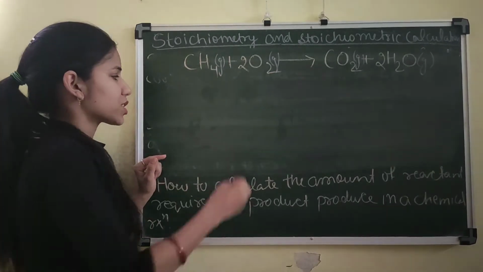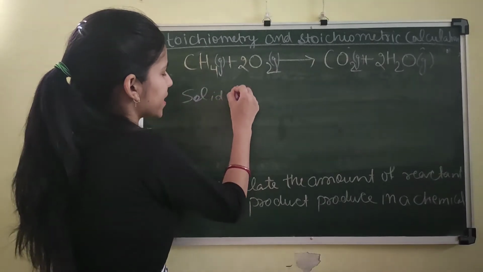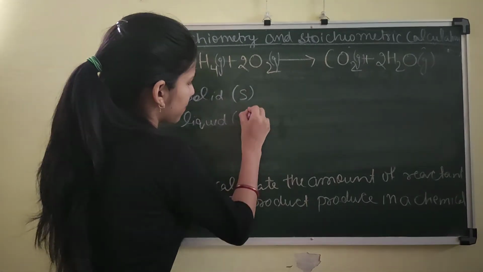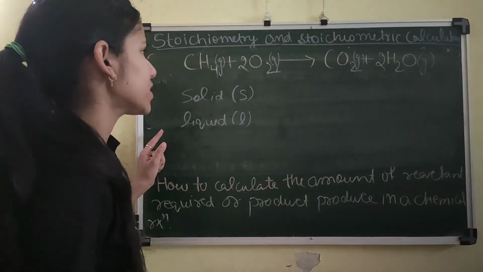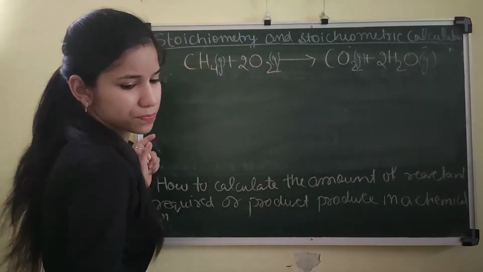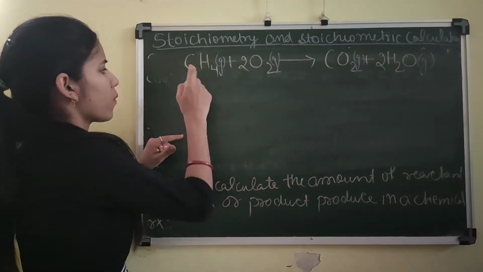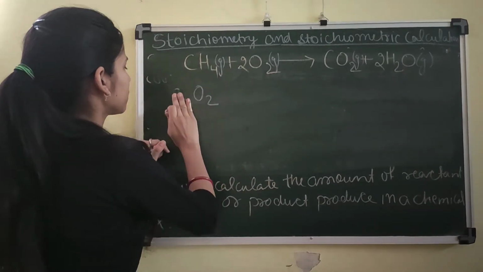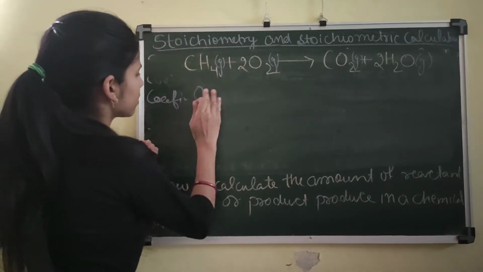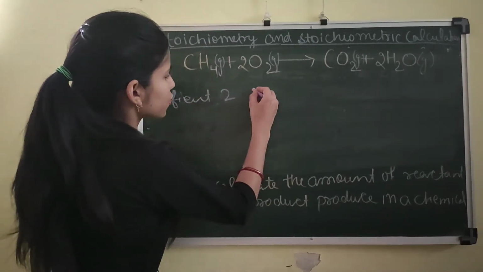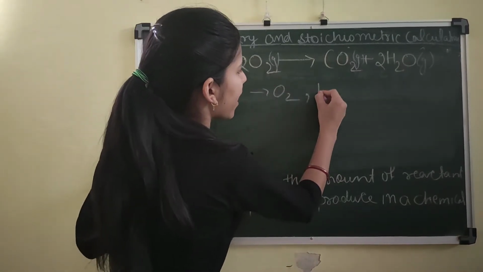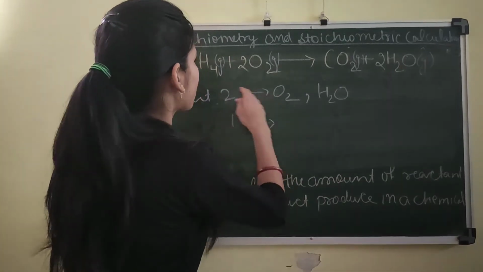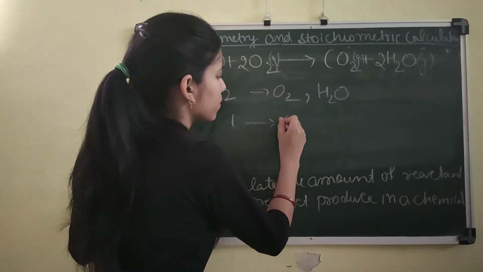If some solid or liquid is present, solids are denoted by s and liquids by l. From this reaction, coefficient 2 is used for O2 and H2O, and coefficient 1 is used for CH4 and CO2.